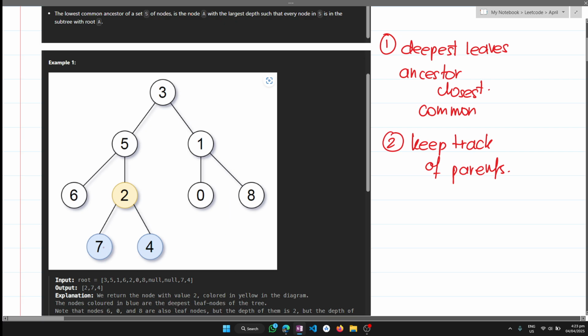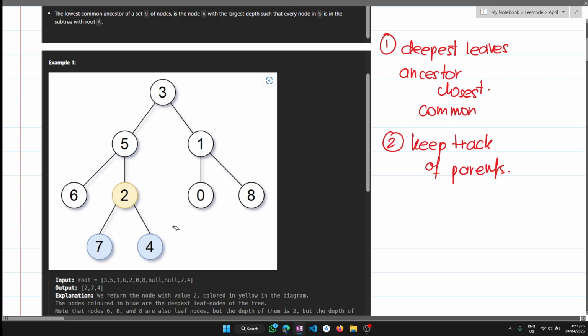If I know that 7 has a parent of 2 and 4 also has a parent of 2, what I'm going to do is see, okay, these two are the deepest nodes, let's have a look at their parent. Since the parent is the same, obviously this is the lowest common ancestor which I'm looking for. So I'll just return this as my answer.